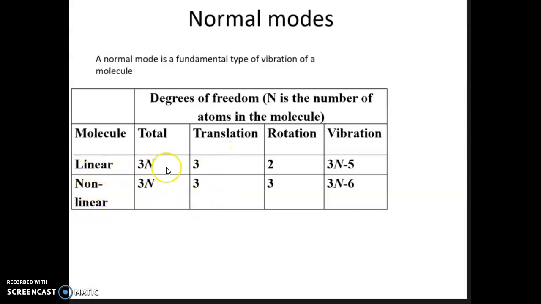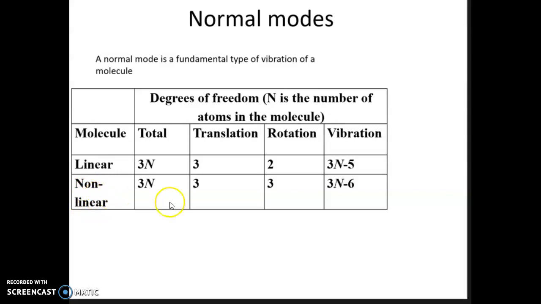If it's a linear molecule, like carbon dioxide, the rotational mode has 2 degrees of motion, and then the remaining 3n minus 5 is for all the normal modes, that's the vibrational motion of the molecule.